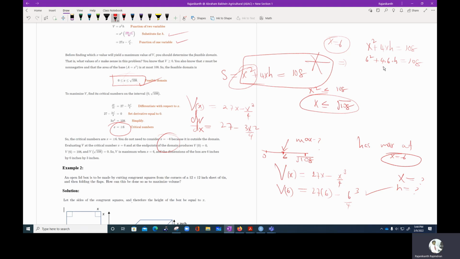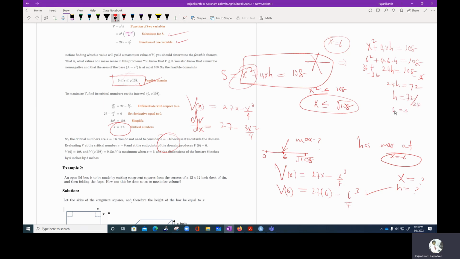So 4 times 6, 24h, plus 36 equals 108. So subtract 36 from both sides and solve for h. So 24h will be, how much is it? 72, right? So h is nothing but 72 over 24.